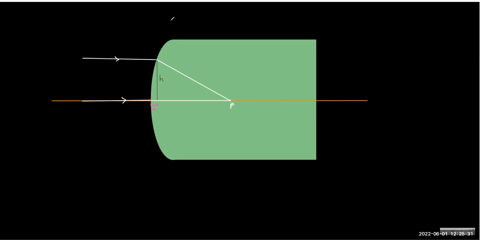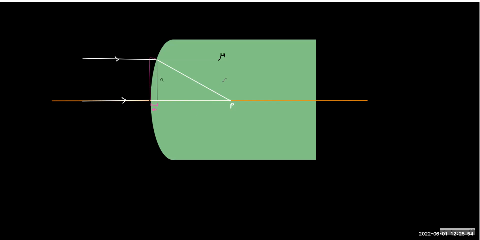Because here, if I want to compare the two paths, before this line, everything is the same for both the paths. So they have traveled the same value so far. And then the first light ray will travel in the vacuum and then the medium. And the second will travel from here onwards in the medium.